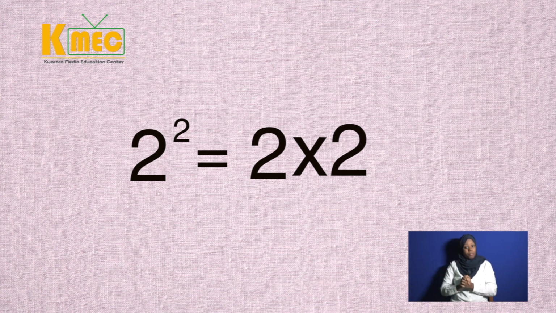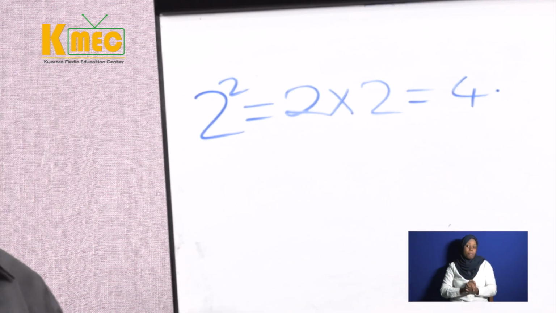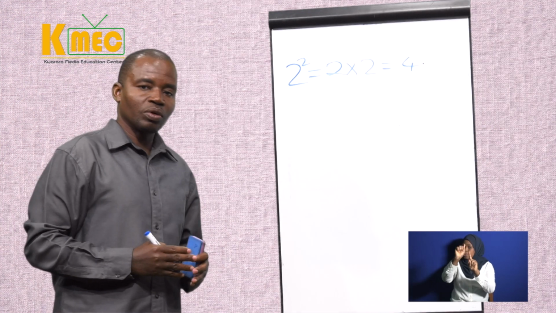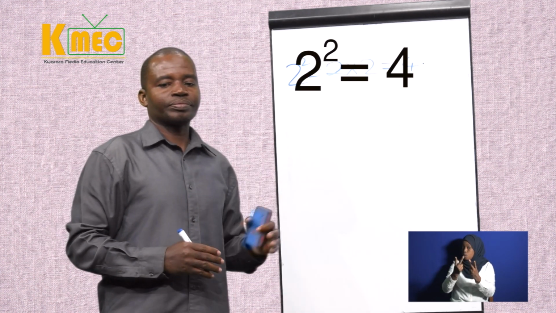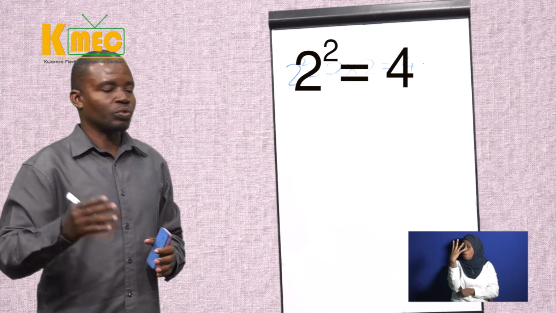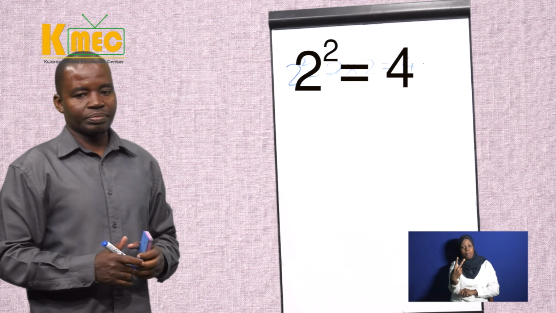And what is the result? The result is 4. We say the square of 2 is equal to 4, or 4 is the square of 2.